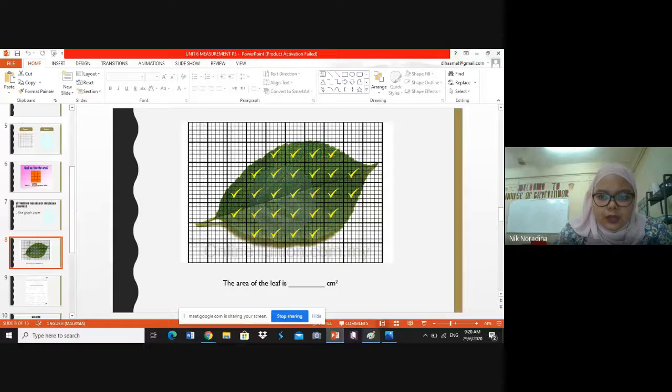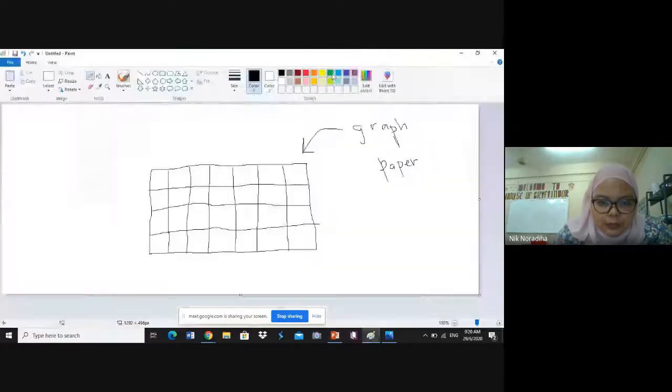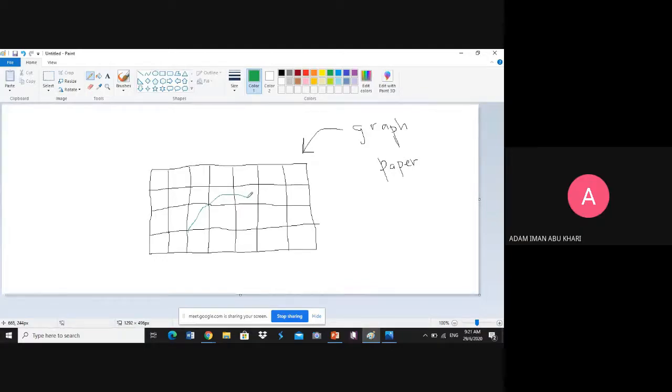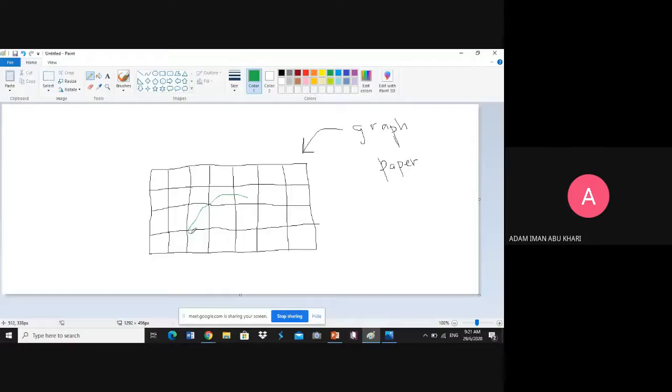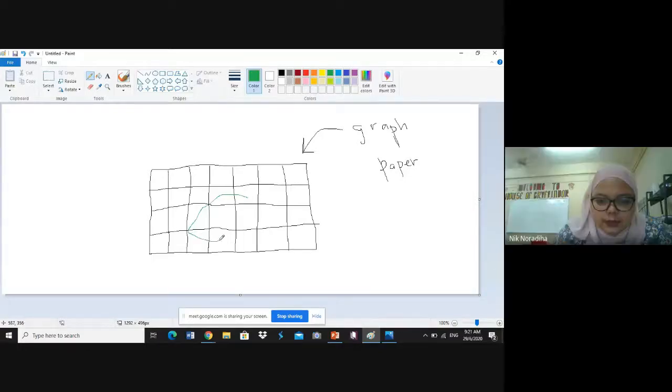Okay, now let's draw a leaf on top of the graph paper. Teacher, like a math book? Yes, yes.